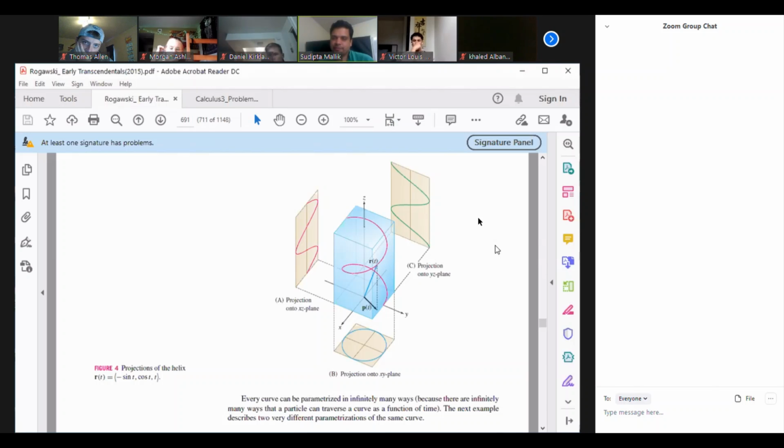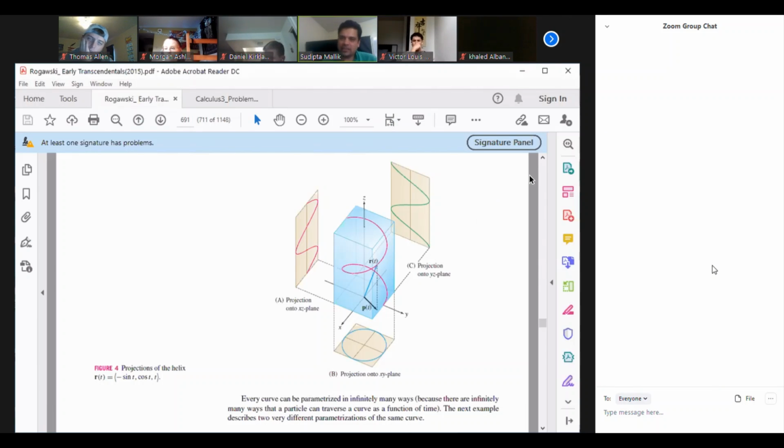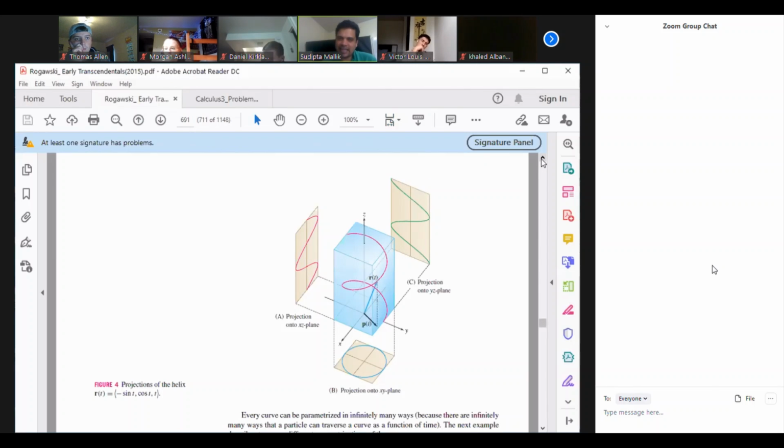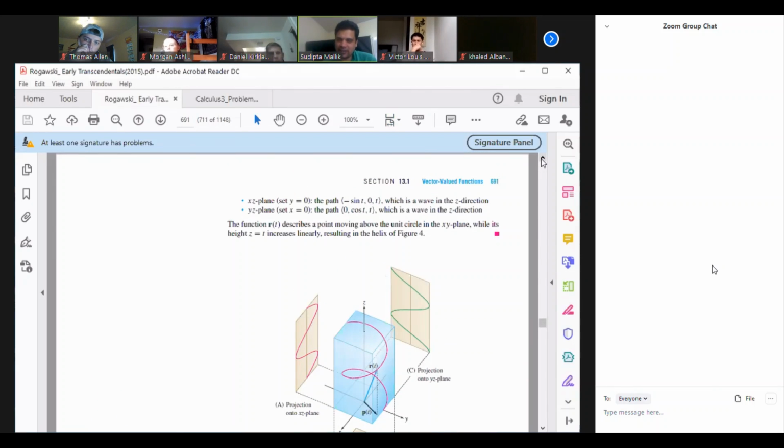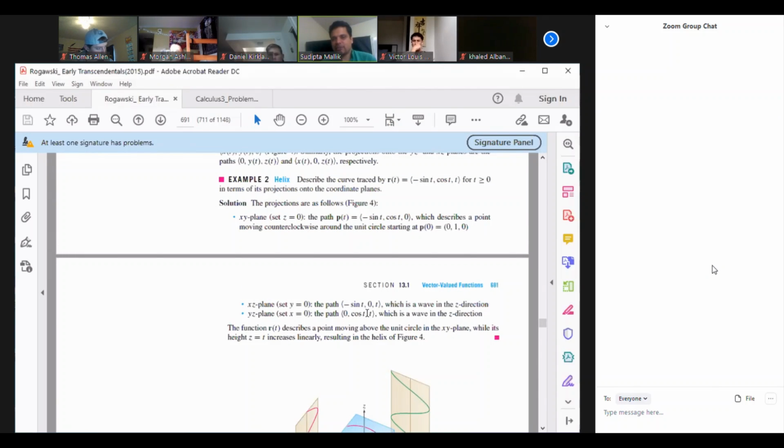It looks as if you were to take a sine or cosine function and then turn it 90 degrees as it's oscillating back and forth. Not exactly, because, look at this, t versus cosine t. Let's just look at the yz plane.